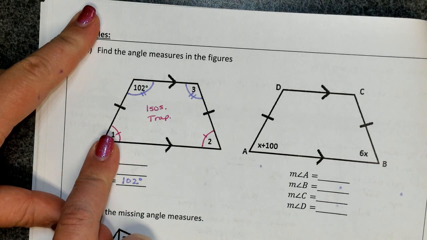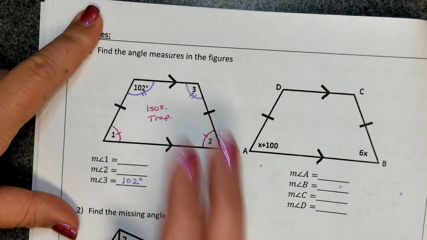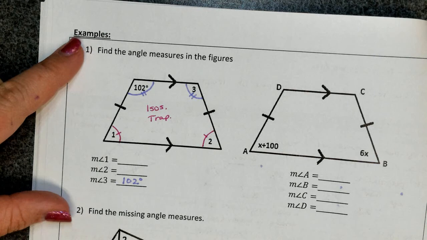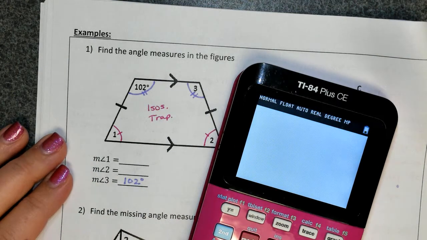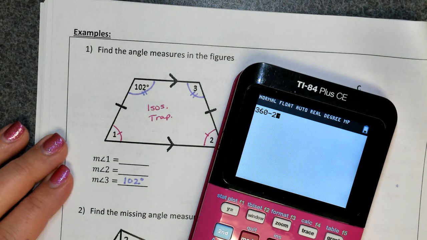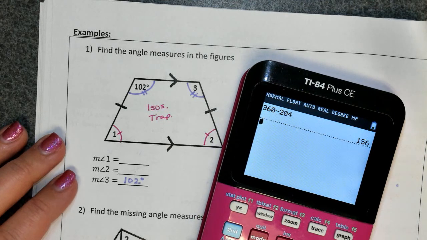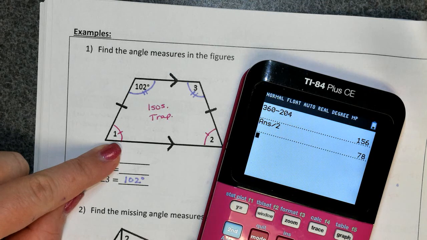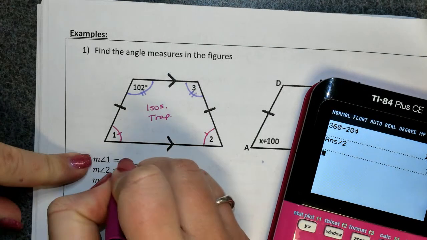So you want to subtract how much? 204 that we've already used. So 360 minus the 204 leaves us with 156, and then what do we do with the 156? Divide that by the two angles that are left because it's split up evenly, so both of these angles have to be 78 degrees.